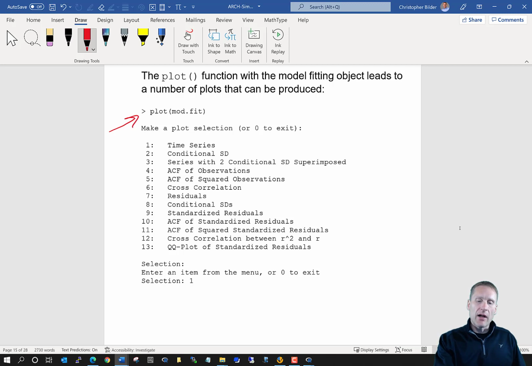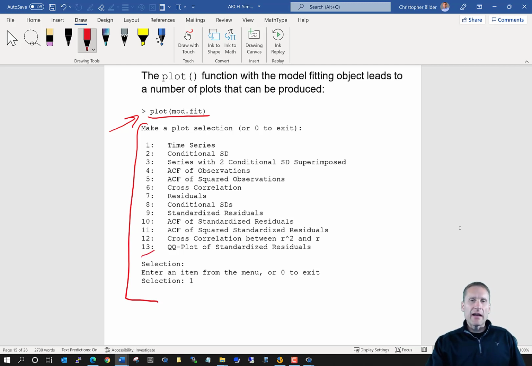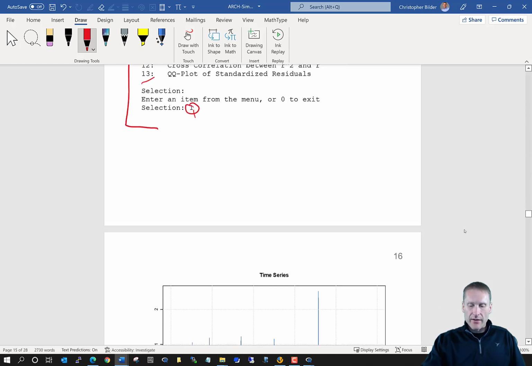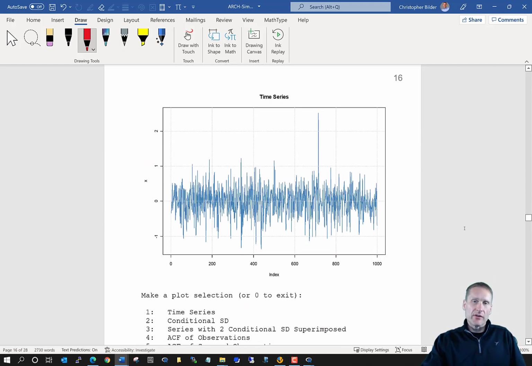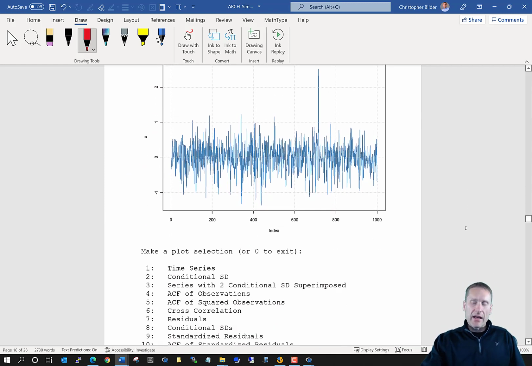If I say plot with mod.fit, what happens is in my R console window I have all this information printed, and what this is saying is that I can choose among 13 different plots to examine my model further, examine my data further. This will be blank, and then you simply type whatever number for a plot that you want. If I type 1, I get the plot of my regular old time series. So it's essentially the same plot that we started off with at the very beginning.